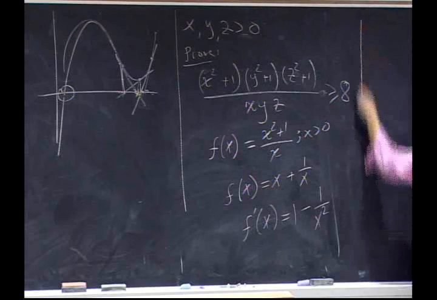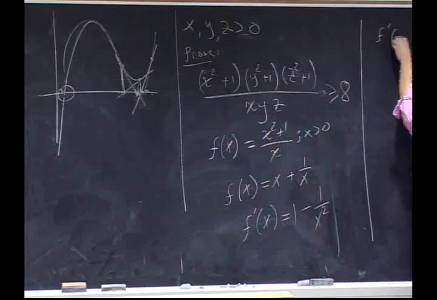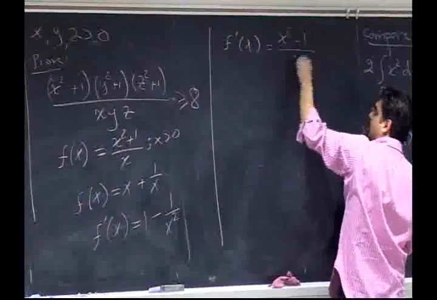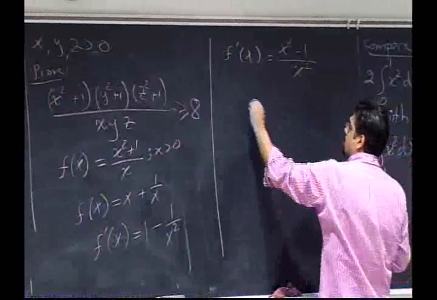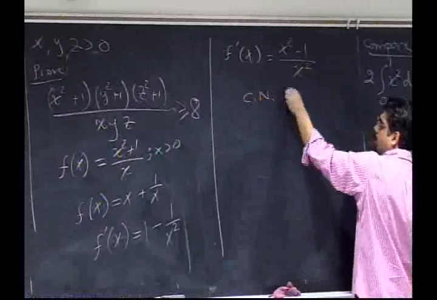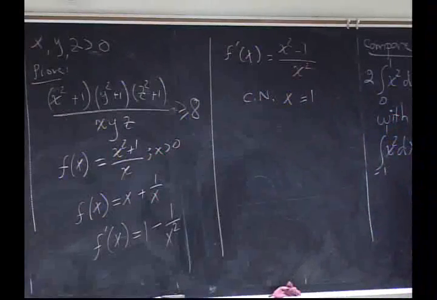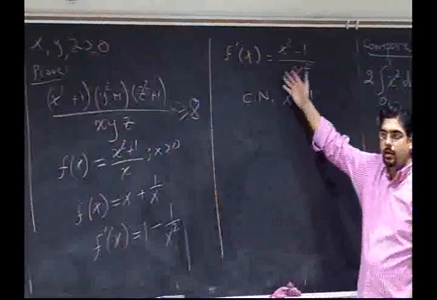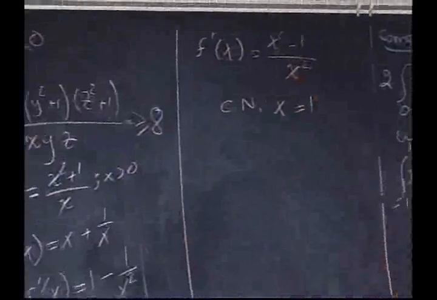If I rewrite this, then I get x squared minus 1 over x squared. My critical number, I just have one critical number, and that's x equal to 1. Because remember, my domain is x greater than 0. So neither 0 nor negative 1 is a critical number. The only critical number is 1.